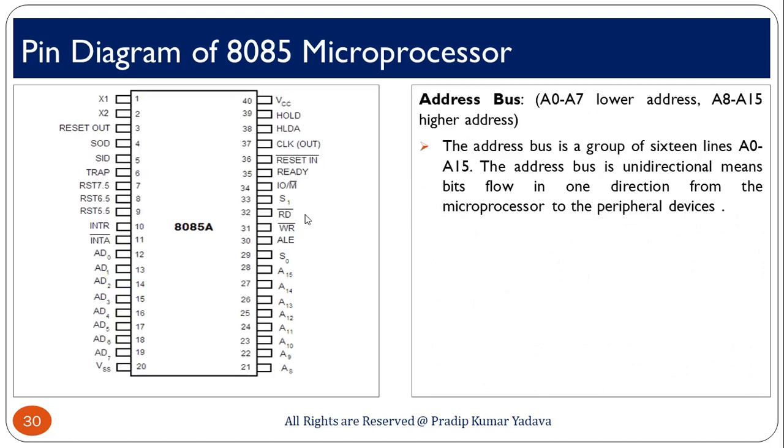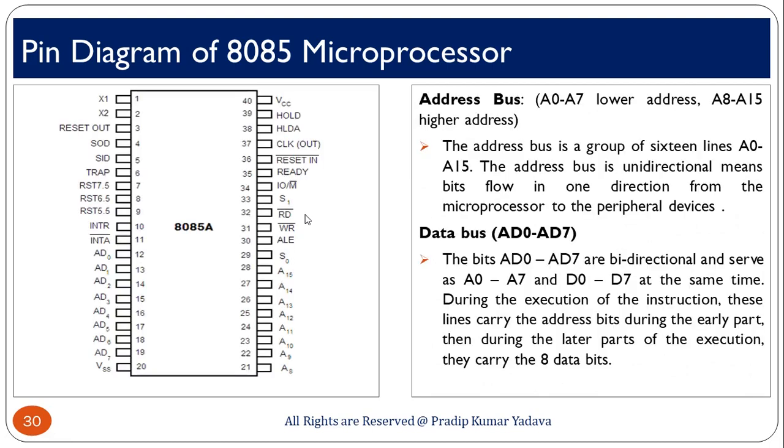Now here is a very important point which we are going to discuss: the address bus and data bus. As we know, the 8085 has a 16-bit address bus and an 8-bit data bus. The address bus is a group of 16 lines, that is from A0 to A15, meaning A0 to A7 and A8 to A15.